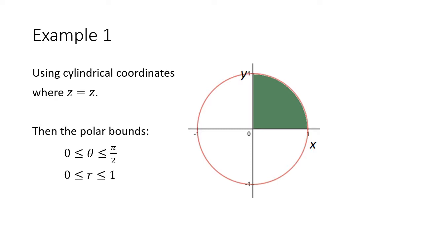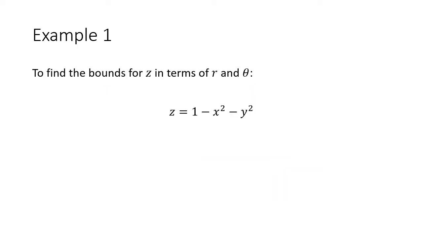We keep z equaling z, and then instead of x's and y's, we're now using thetas and r's. Theta is going to be bounded between 0 and pi over 2, that's my first quadrant. And then r is bounded between 0 and 1, because we're hitting every single point on the interior of this circle, all the way from a radius of 0 out to a radius of 1.